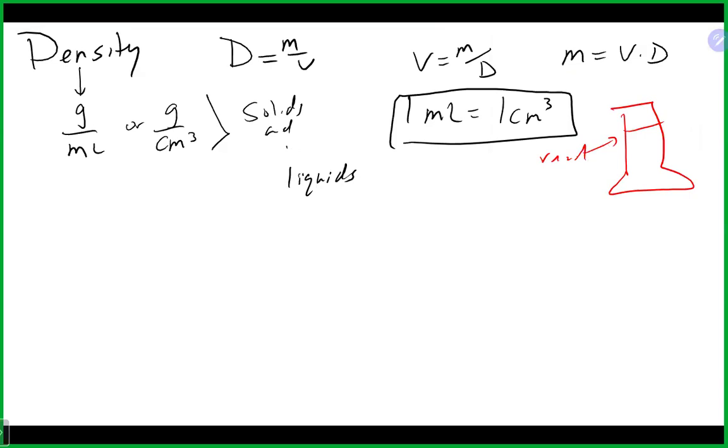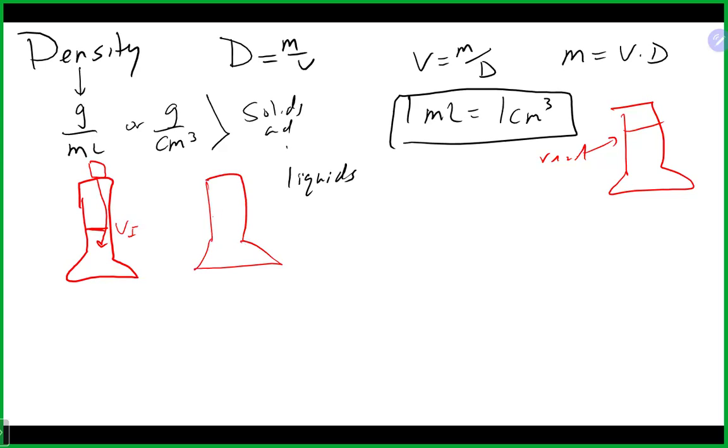Also, we can do a very common procedure, which is volume by displacement. That is when you have an initial volume of a liquid like water in a container. You take some type of solid and you dump it in there. When you do so, the solid will displace some of the liquid, and it will make the liquid rise, and we will end up with a final volume.